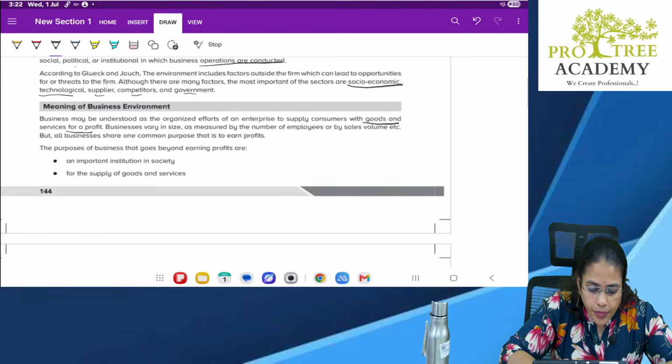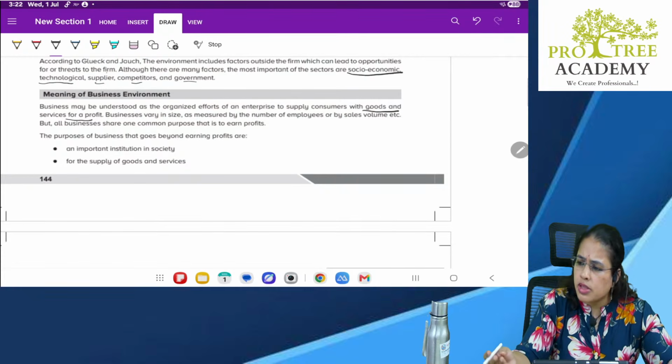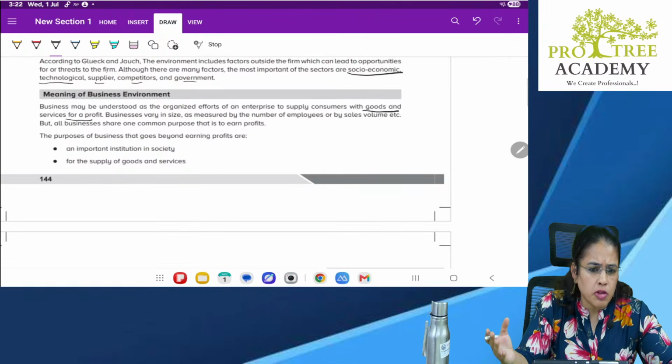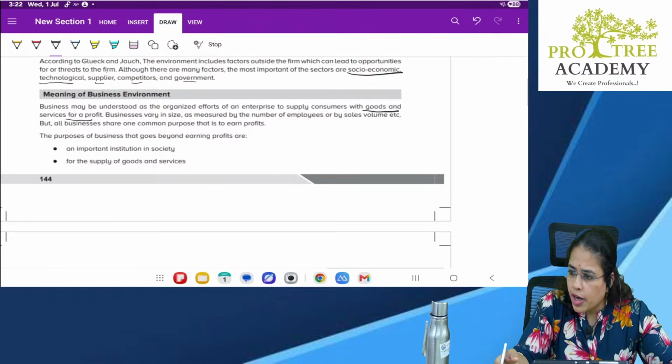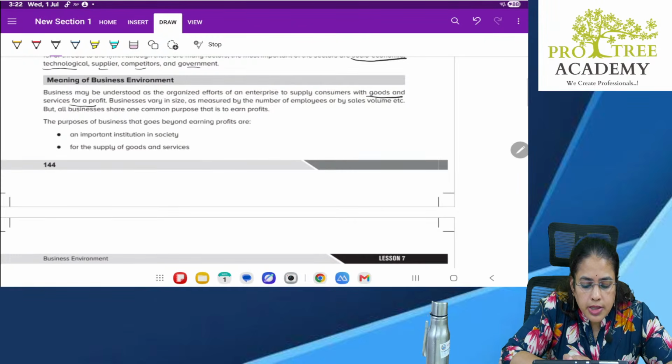Okay. Business varies in size as measured by the number of employees and by sales volume. So some businesses will be very small, some businesses will be very big. It will depend upon how many employees you have and how much sales you are having. But all the businesses share one common purpose, that is to earn profit.